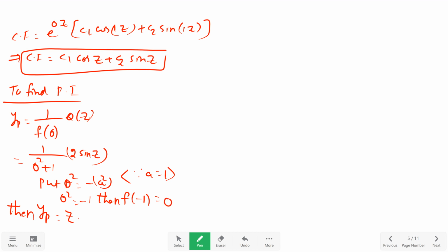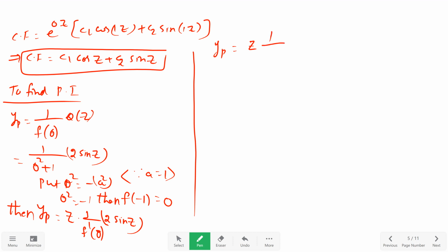Now we have a formula for finding the particular integral: yp is equal to z into 1 by f dash theta into the RHS value 2 sin z. So that implies yp is equal to z into 1 by f dash theta, where f of theta is equal to theta square plus 1.